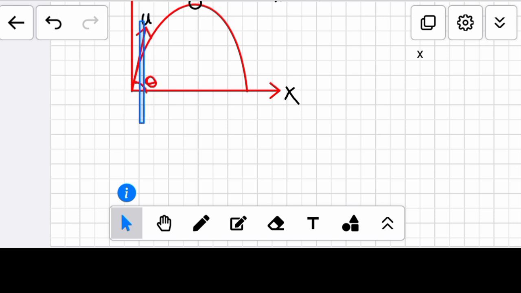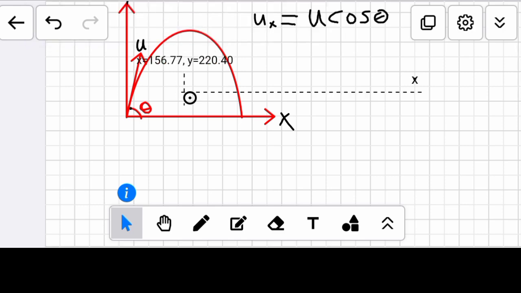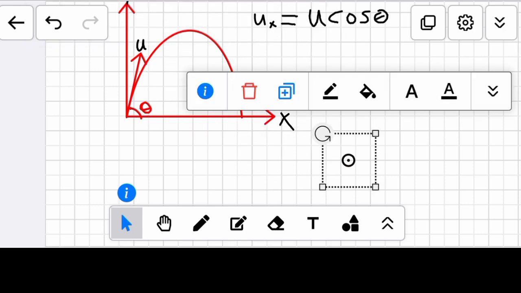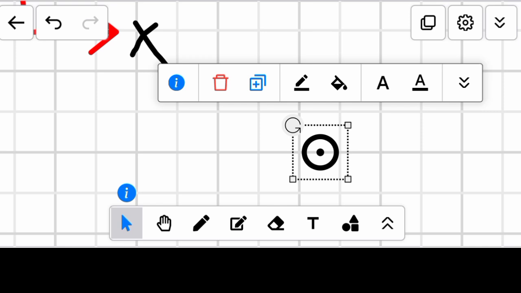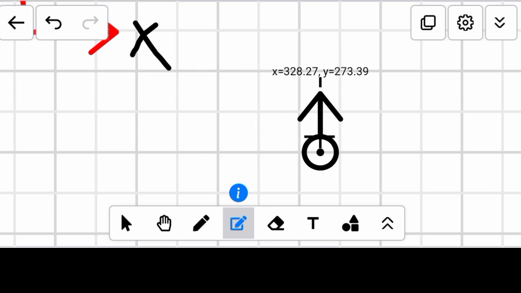Now this velocity has two components. Don't forget I told you that the object was moving upward and forward. So let me represent that with an arrow. If the upward movement is this arrow, then the forward movement is this.